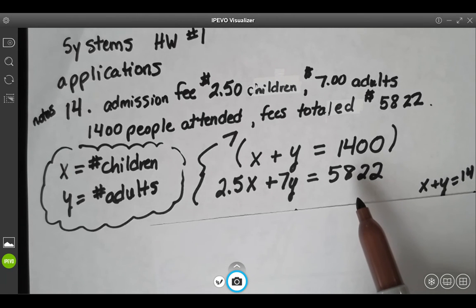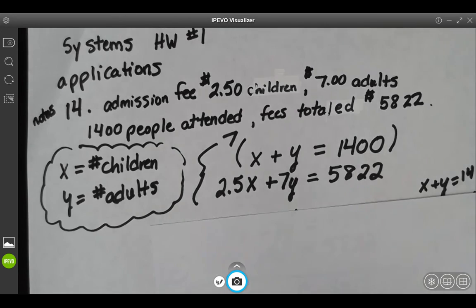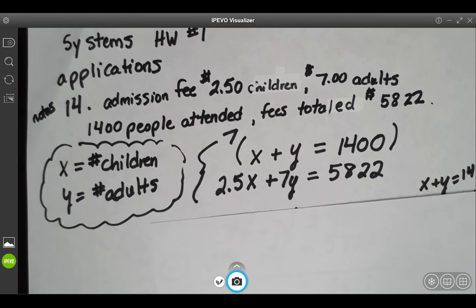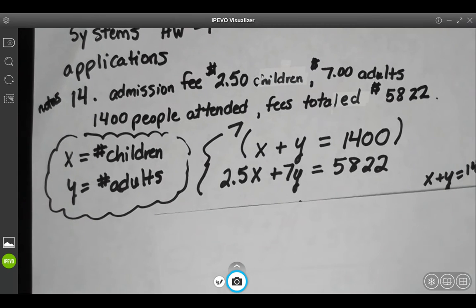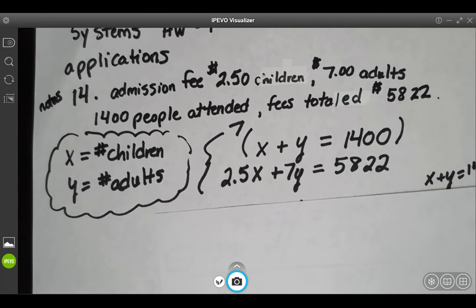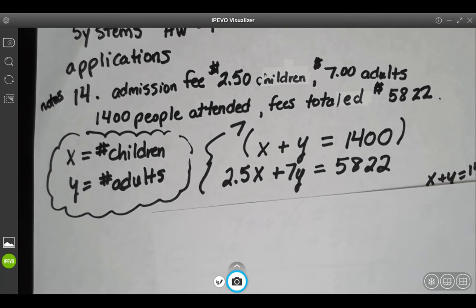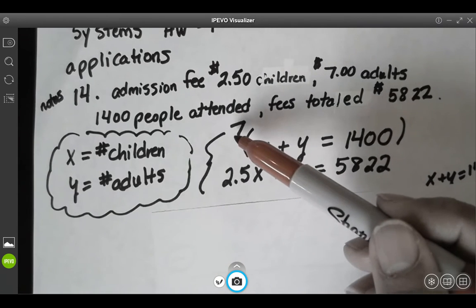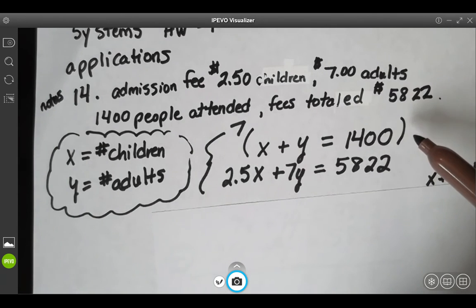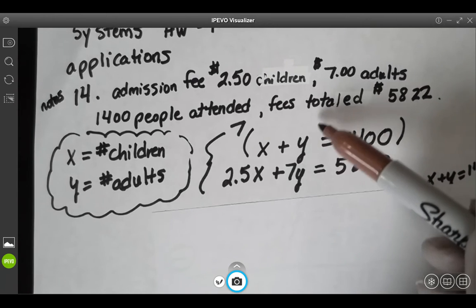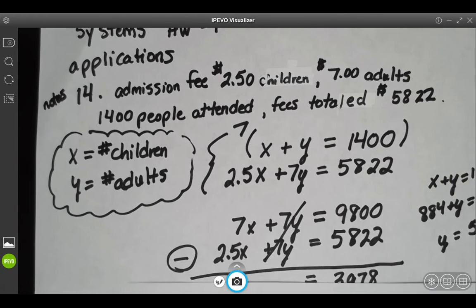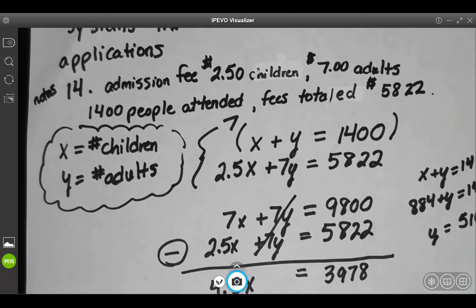Now we know how to do this. This is a system of equations. The notes multiplied this by 7. I probably would have multiplied this by -7 just so I could have added, but I just want to follow exactly what your notes have so you can follow it here. If we multiply this top equation by 7, you see that we can subtract and eliminate the y's.